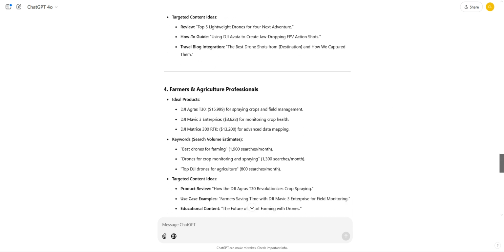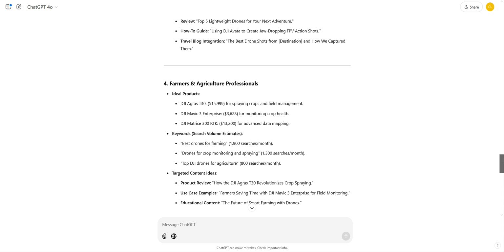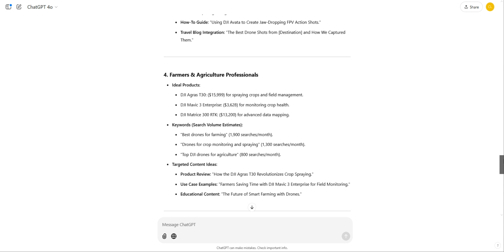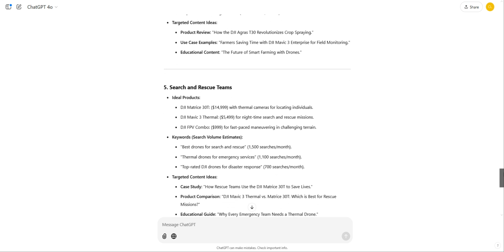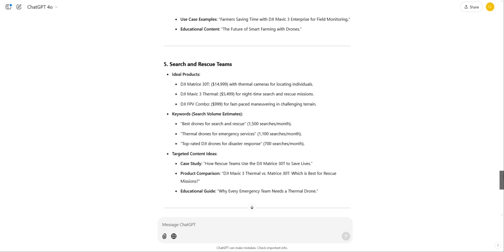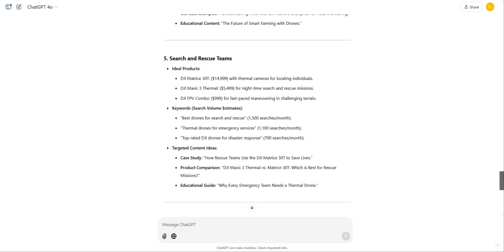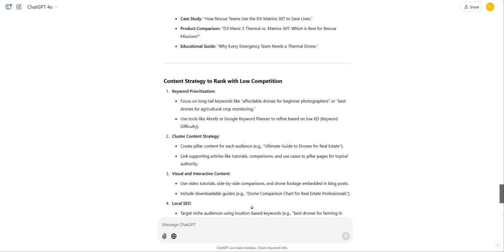Farmers, best drones for farming, drones for crop monitoring and spraying, and again you can target those people. Search and rescue teams, best drones for search and rescue, thermal drones for emergency services, top rated DJI drones for disaster response. And there we go.